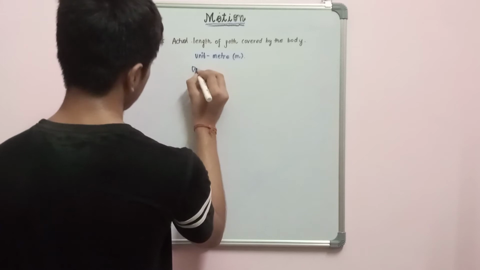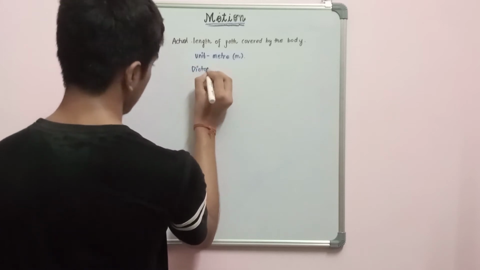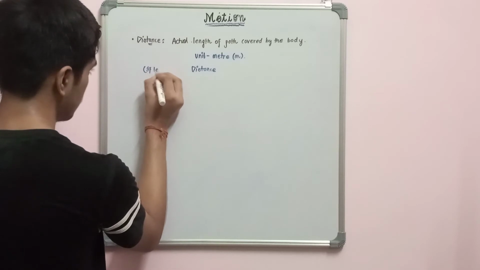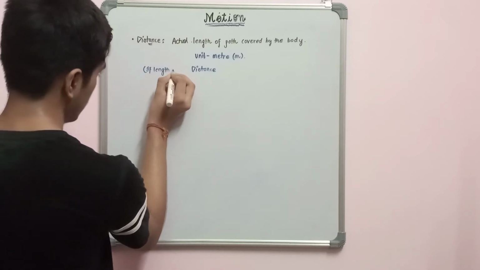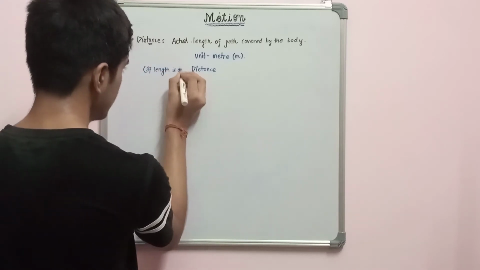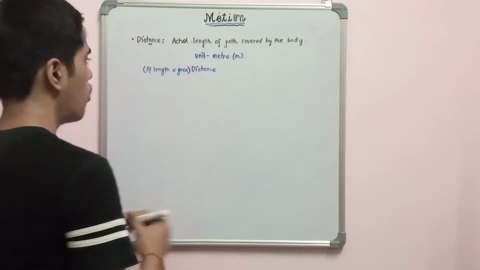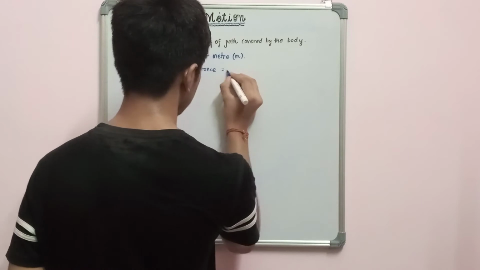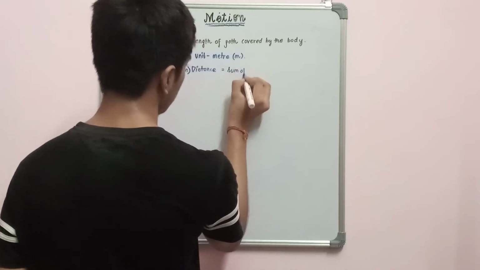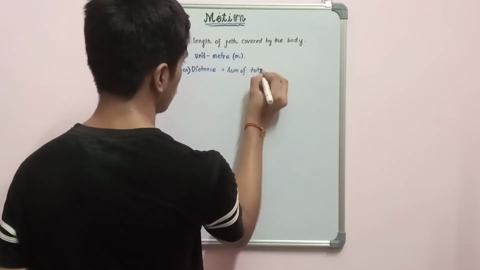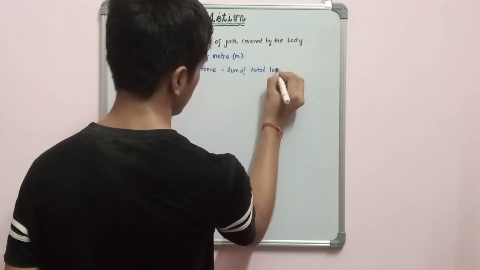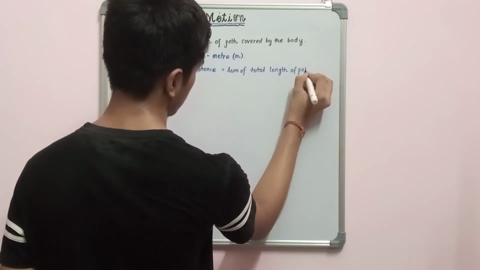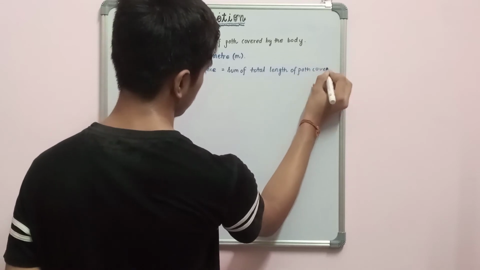Next is the mathematical expression. If a length is given in the question or in the situation, then you need to apply this formula: distance is the sum of the total length of path covered.